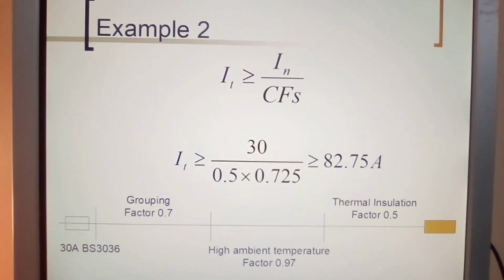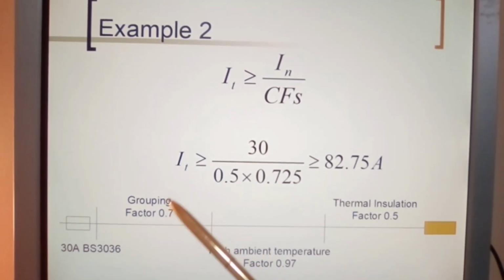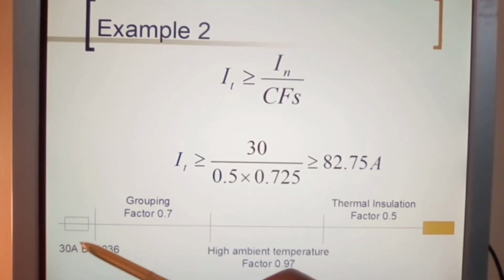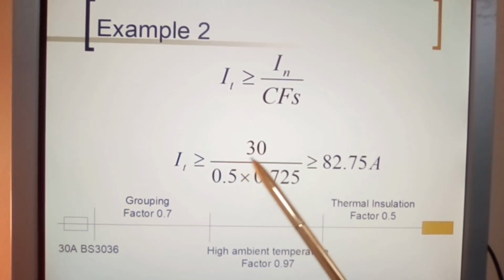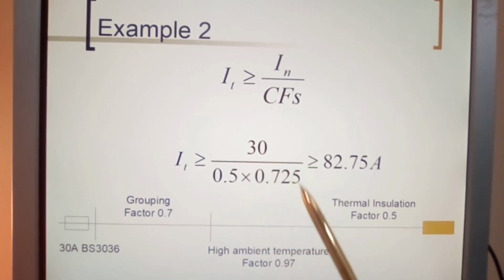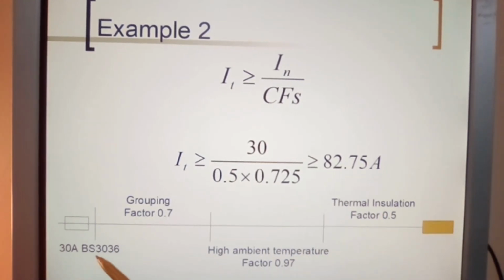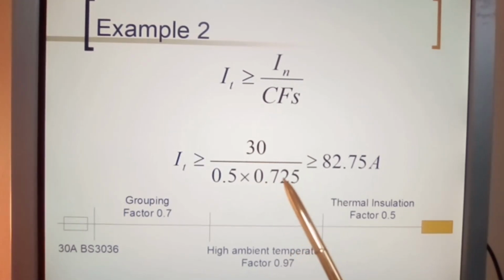Example 2: IT equal to IN over CFs. The main fuse here is a 30 amp BS3036. You're looking at 0.5, and because it's BS3036, you also have to take into account 0.725.